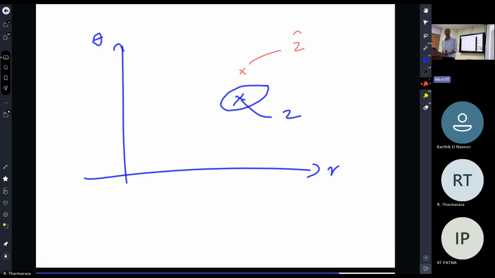Is that clear? So this is your predicted measurement location from the calculation. This is the actual measurement that you get, and this is the R. Now what do you say? Is it coming from the same target or a different target? By looking at this, you think that these are different targets.